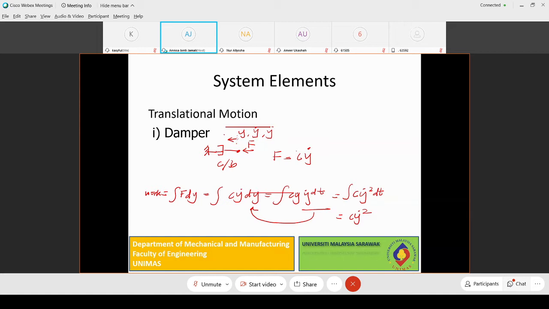Since the speed in the system is not constant, the energy produced by the damper varies as well. So the power dissipated, normally the damper will produce power, the dissipated energy to the system, right?